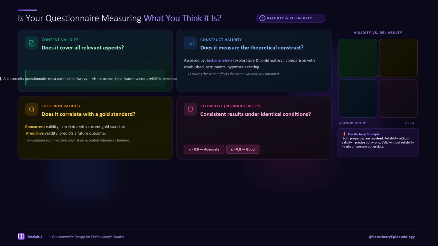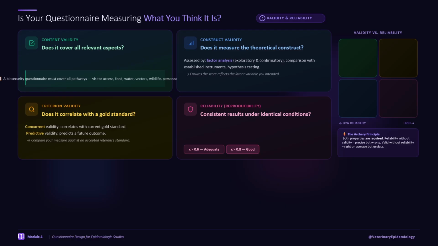Construct validity asks whether the instrument behaves the way the underlying theory predicts, assessed with factor analysis and hypothesis testing, including convergent and discriminant validity. Criterion validity is the gold standard comparison. Concurrent validity correlates with a reference standard measured now. Predictive validity forecasts a future outcome.